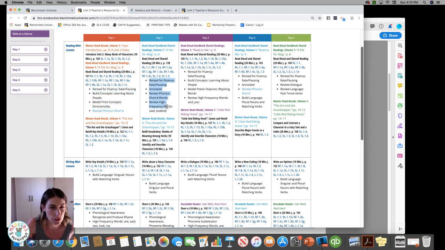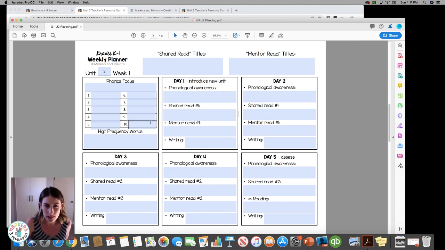What's my main focus for Tuesday? And so that's kind of why on your actual weekly plans, there's not that much space, right? So when I was planning Unit 1, I tried to pack everything in there. But as you're moving along with the program, I think you're going to be able to decide what you want your main 1 or 2 focuses to be.